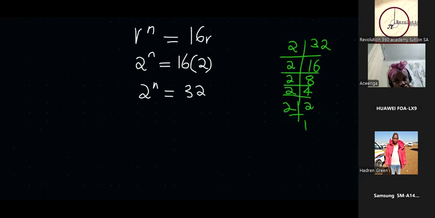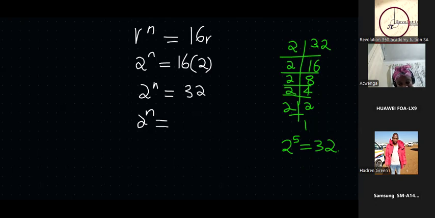This means 2 to the exponent of 5 is equal to 32. And here, we have 2 to the exponent of n. You write 2 to the exponent of n is equal to 2 to the exponent of 5, since 32 is the same as 2 to the exponent of 5 based on the fishbone method.